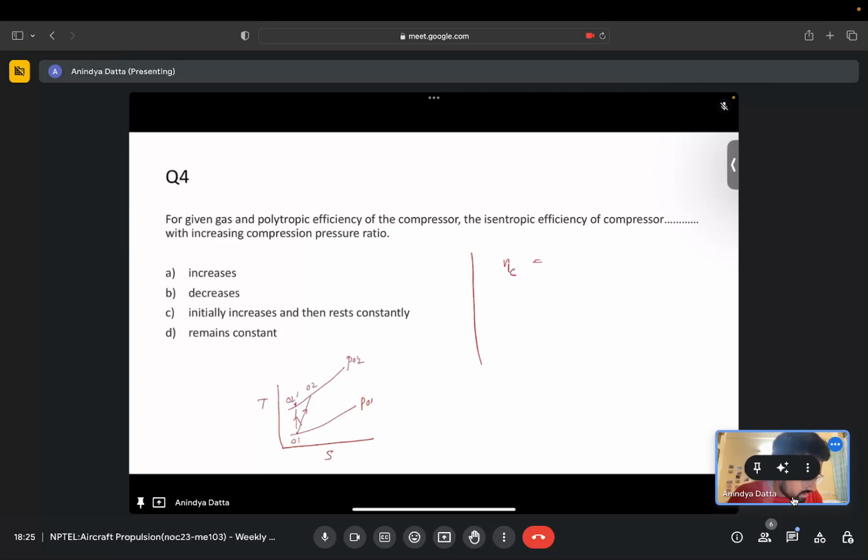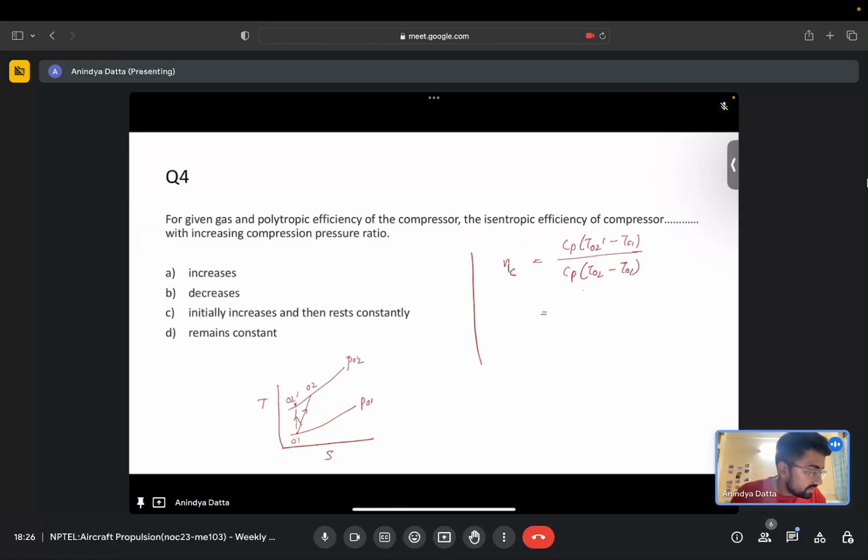This is defined as the isentropic work divided by the actual work, right? This is our definition for compressor isentropic efficiency, right?